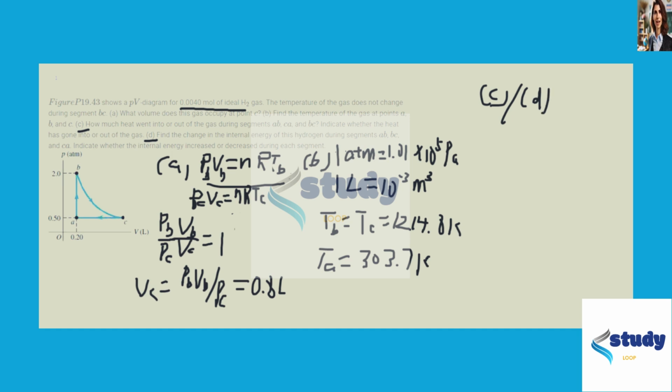To figure out the change in internal energy and the heat into or out of the system, I find it's more convenient to calculate the change in internal energy first.